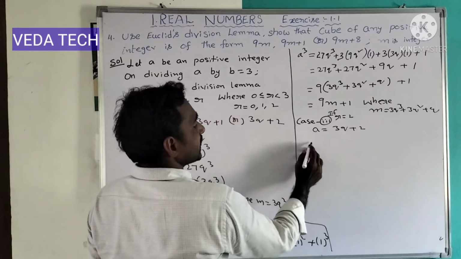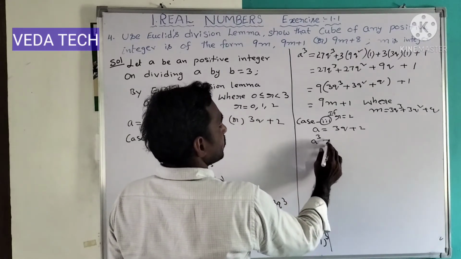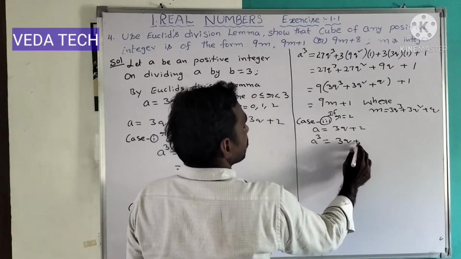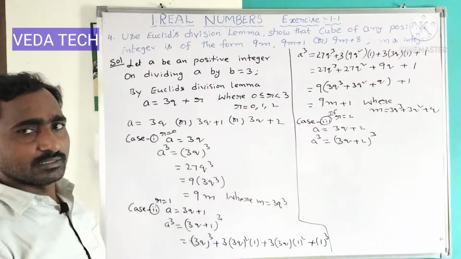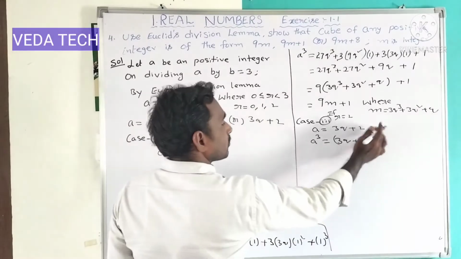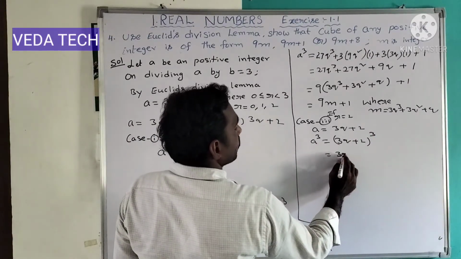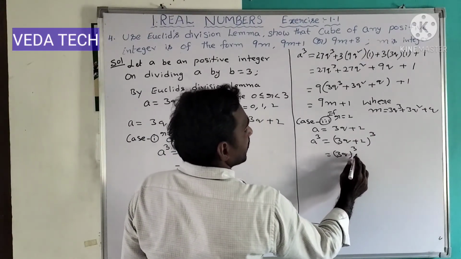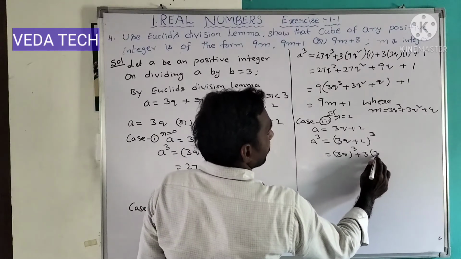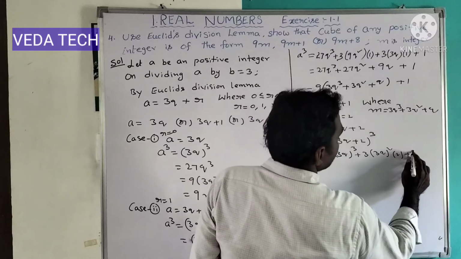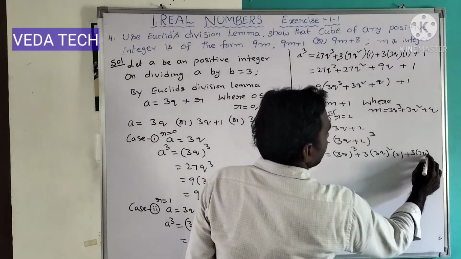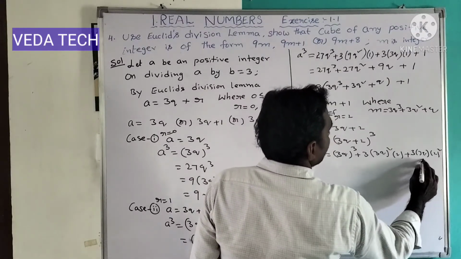Cubing on both sides, we get a cube is equal to 3q plus 2 whole cube. Same as case 2, x plus y whole cube formula: x cube plus 3x square y plus 3xy square plus y cube.